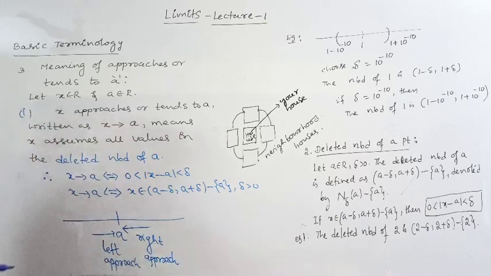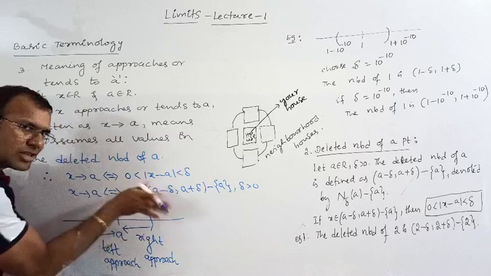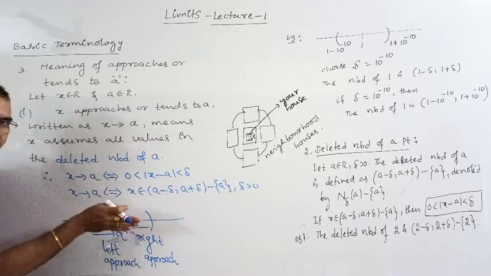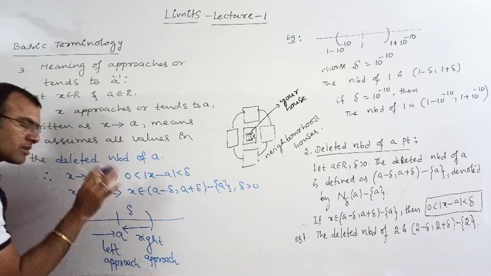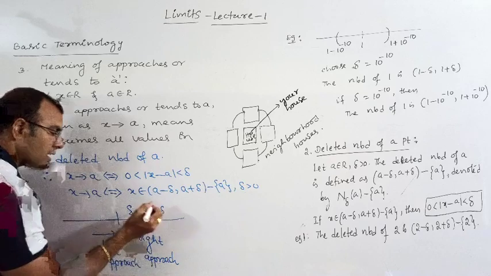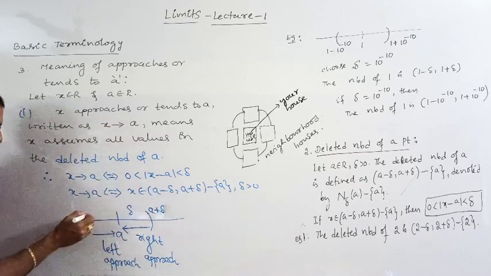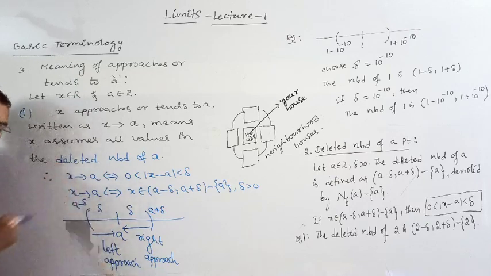Right? Assume that it should start somewhere. So it starts at a distance of delta. So this is A minus delta, A plus delta. Like this.